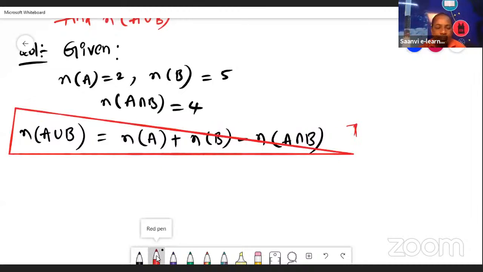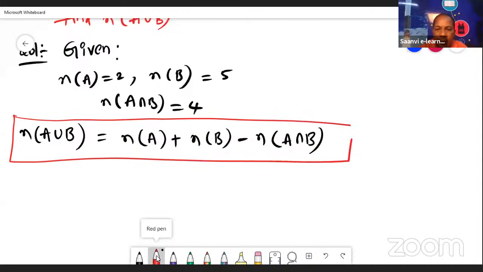So now substitute the values in the given formula.